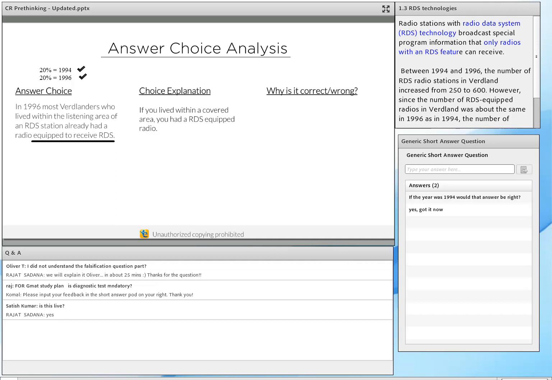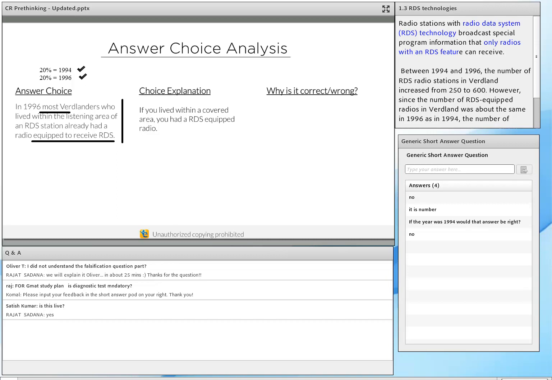Is it a must be true that most worldlanders who had an RDS radio in 1994 should also have an RDS radio in 1996? No, it's not required. So it doesn't satisfy the must be true condition.